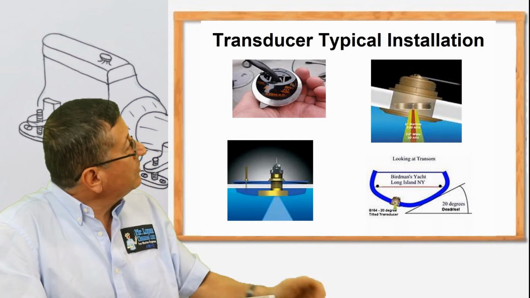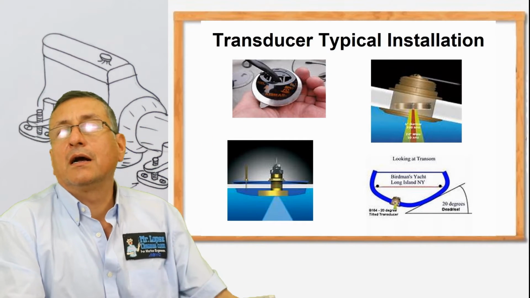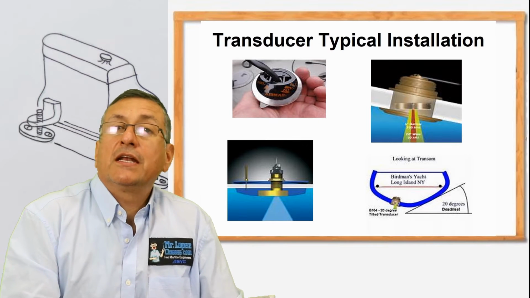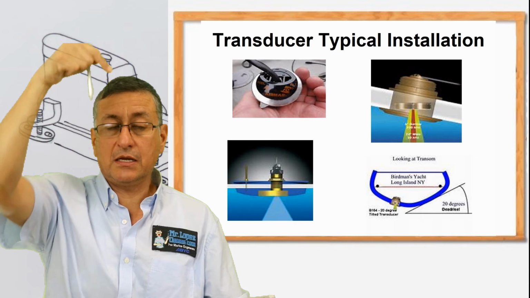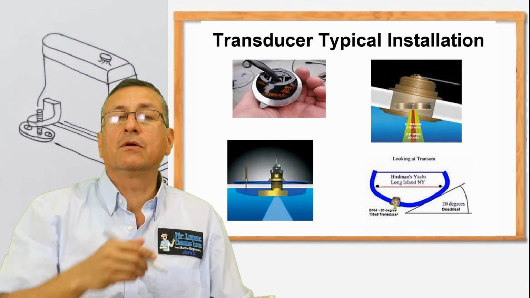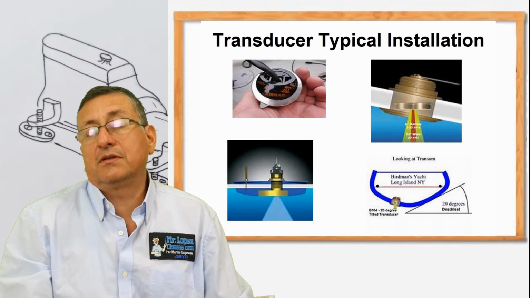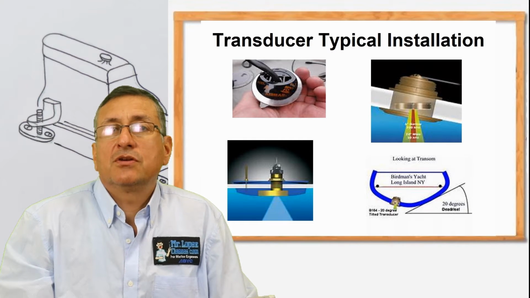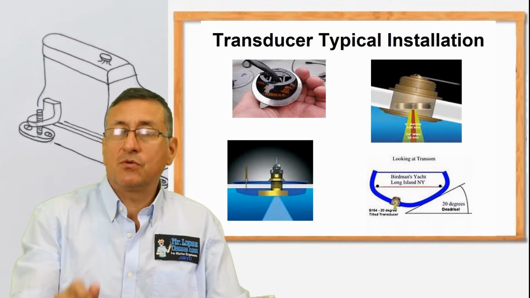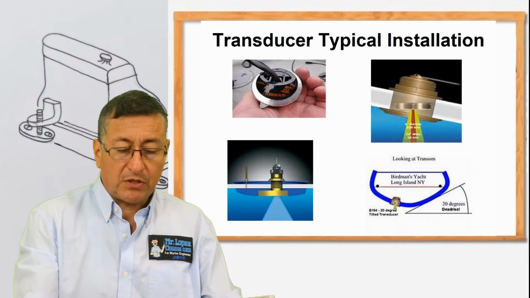Yes, those transducers come originally in different angles in order to send the reading directly to the ground. This is especially important in fish finders, the location of the transducer. And in the course of electronics, we are going to learn about that procedure.